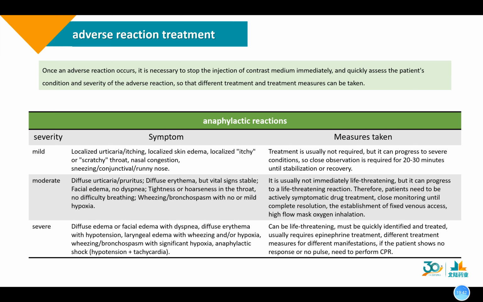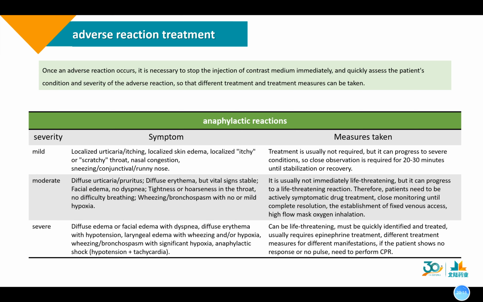stabilization or recovery. The moderate anaphylactic adverse reaction symptoms show diffuse urticaria, pruritus, diffuse erythema, but vital signs stable, facial edema but no dyspnea, tightness or hollowness in the throat but no difficulty breathing, wheezing, bronchospasm with no hypoxia or with mild hypoxia.